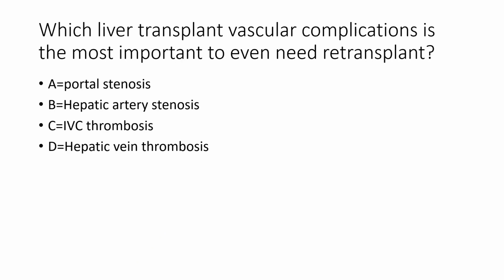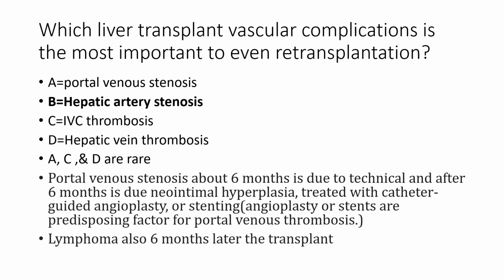Which liver transplant vascular complication is the most important, even needing retransplant of the liver? Yes, correct. Hepatic artery stenosis. We know that in a transplant, the bile ducts only get their nutrients from the hepatic artery, with no superior mesenteric artery here.